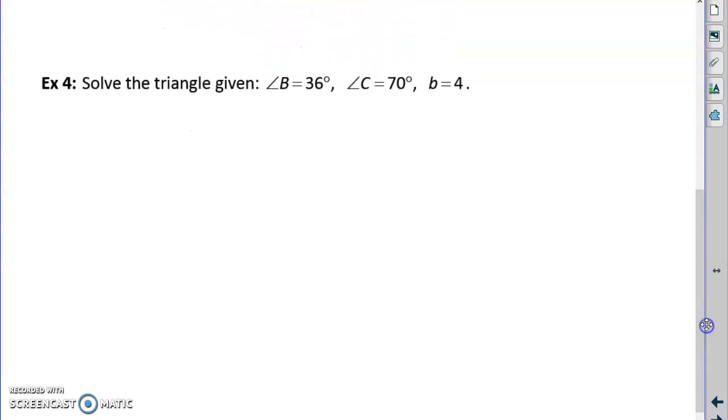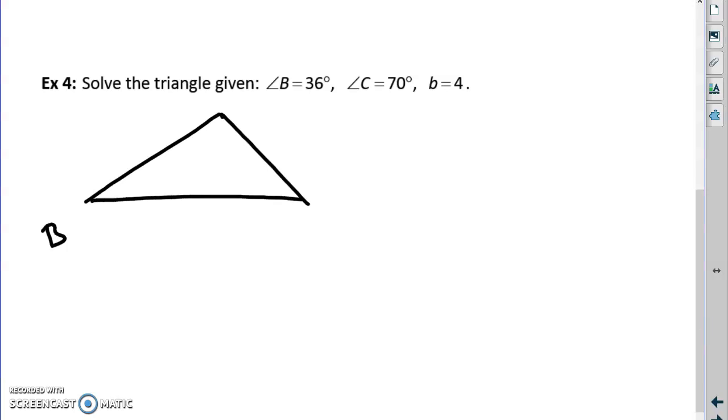All right, let's do one more. Three dimensions given. Let's draw the triangle. Angle B, 36 degrees. Angle C of 70.